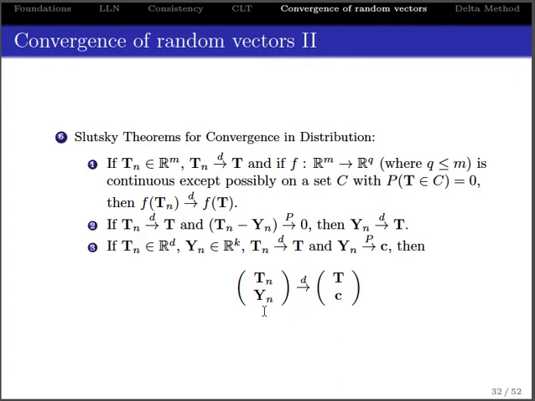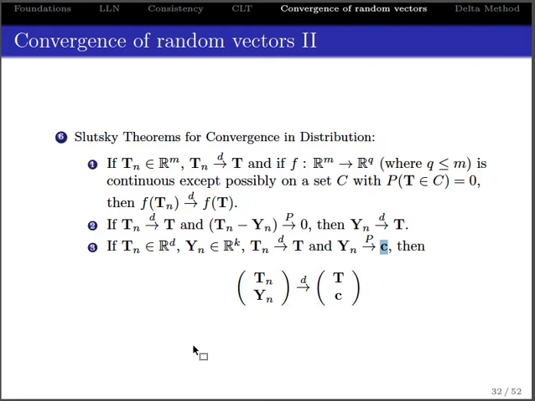And if Tn goes in distribution to some random variable t, but Yn goes in probability to a constant c, then the stacked Tn over Yn goes in distribution, not probability, to the stacked up T over C.